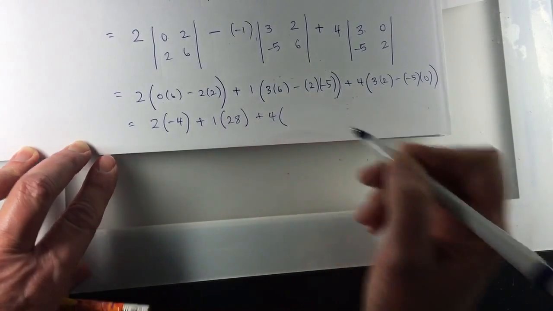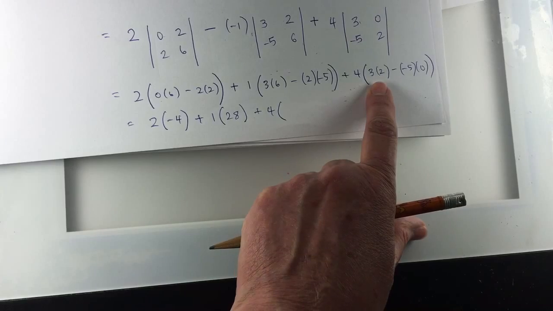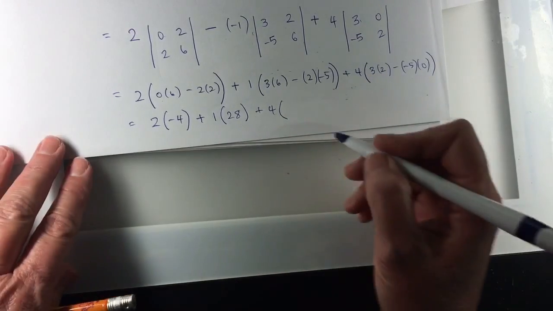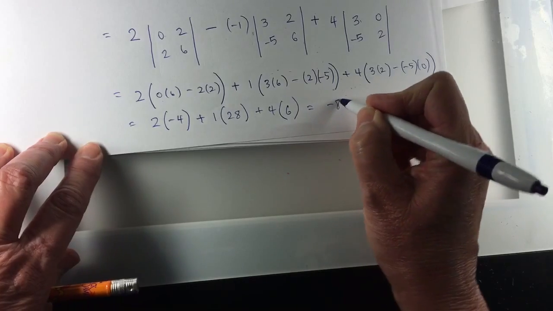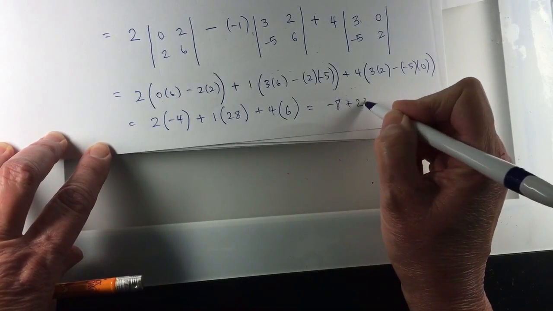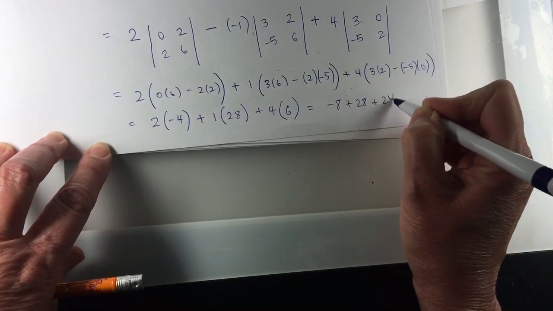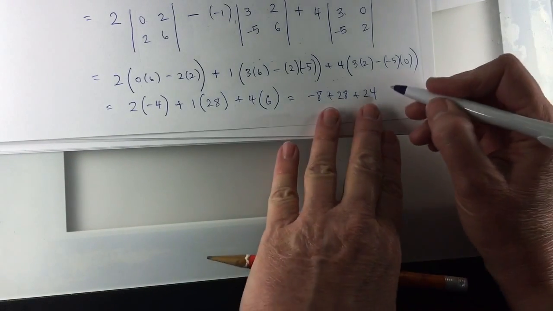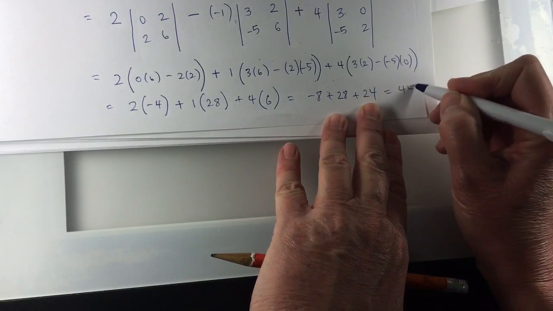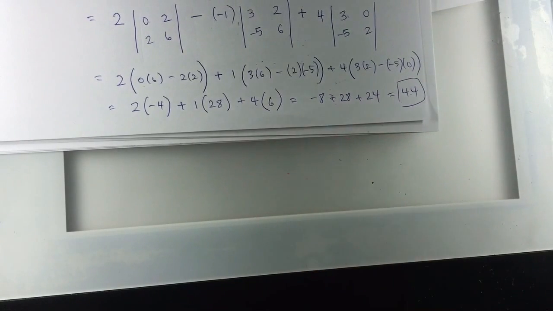Then plus 4 times, okay, so 6 minus 0 is 6. I end up with -8 plus 28 plus 24, and that will be 44. So the determinant of this 3 by 3 is 44.